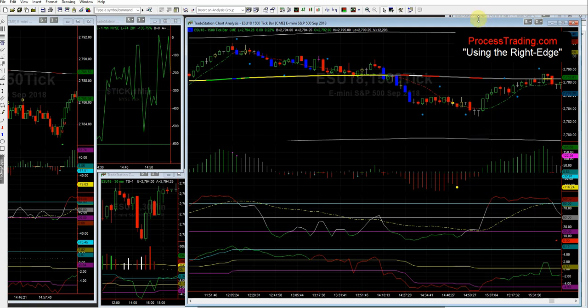Now, there's another thing too. One last thing I want to say about this. Let's put this vertical line on. This will show where everything is. That's it. That's right at that bar. That's at the bar where it told us could go long.